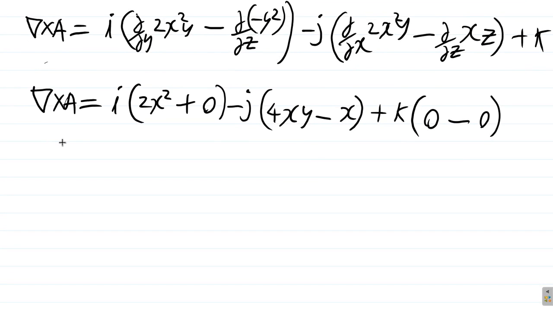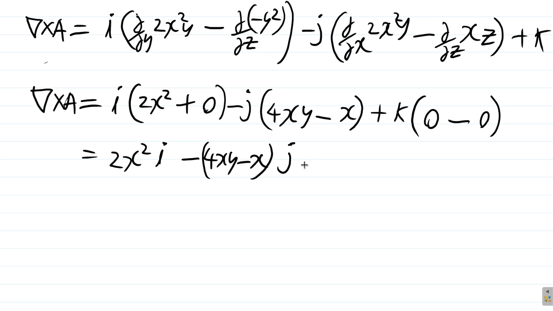So what you get here is 2x squared i minus 4xy minus x j. That's it, because it's 0 that multiplies the k, so that's what you have there.